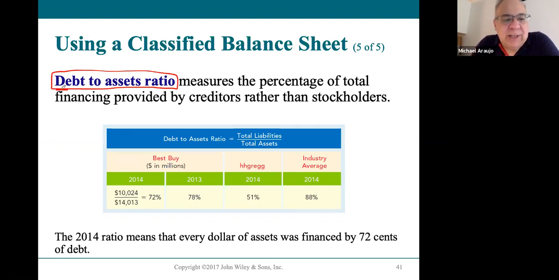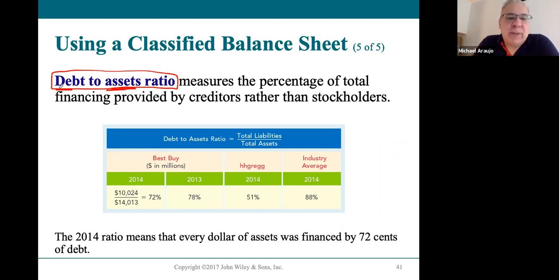The one ratio that's used all the time, that you'll see as we go through the book, and this introduces you to, is the debt to asset ratio. Remember, how does one buy their assets? You either put the money in yourself, which would come from equity, or you borrow the money to buy the asset, which would be a liability.